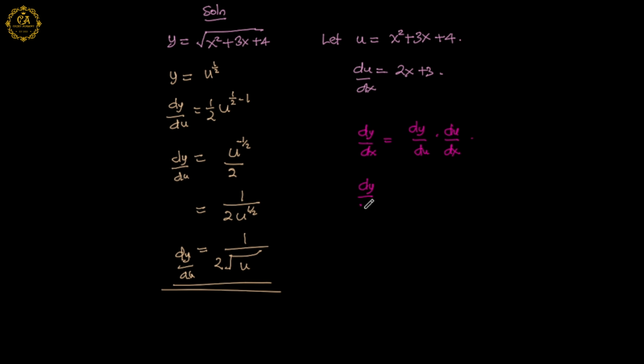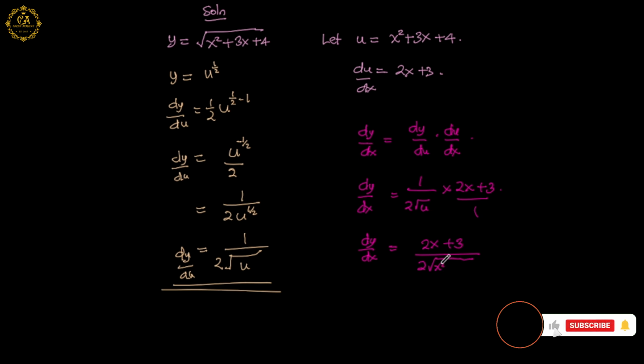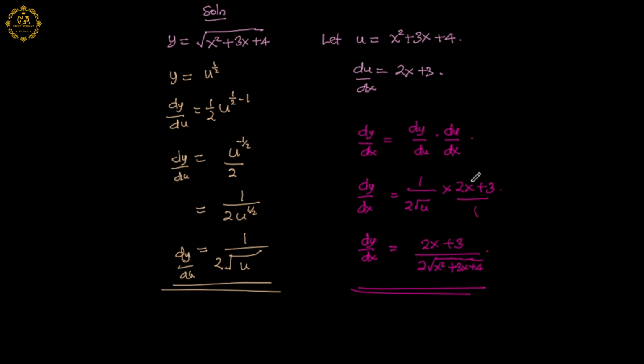So replacing dy/du with 1 over 2 root u, then you multiply it by du/dx, which is 2x plus 3, will result in dy/dx equals, now 1 times this quantity, we get our 2x plus 3 all over 2 into the root of, now we can replace u by x squared plus 3x plus 4, and that is the derivative of this function using chain rule.